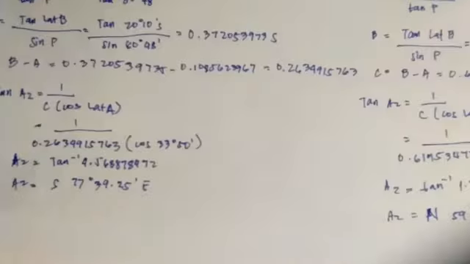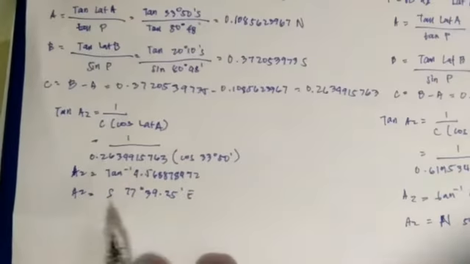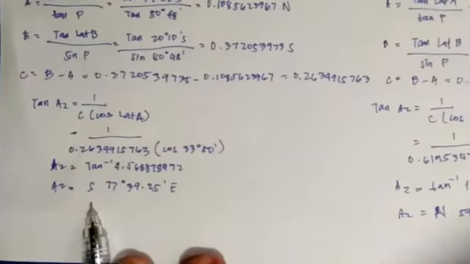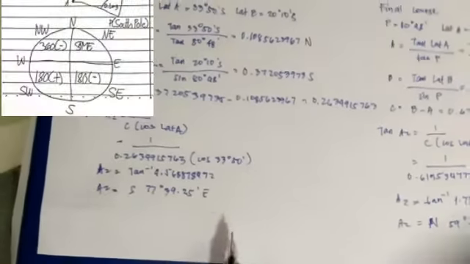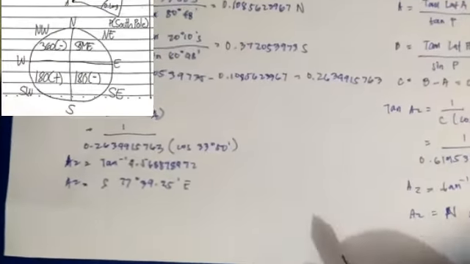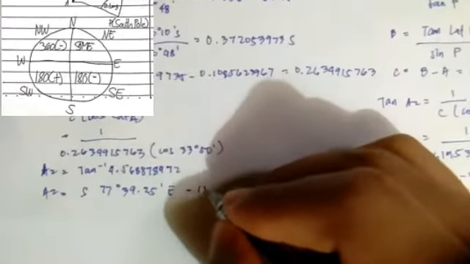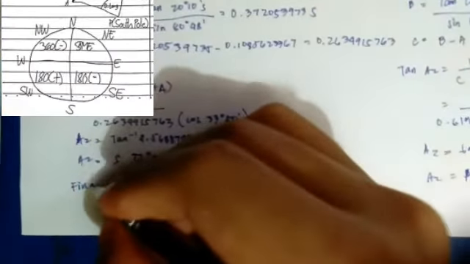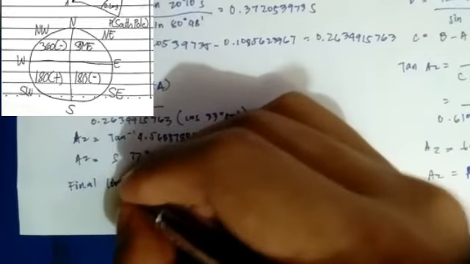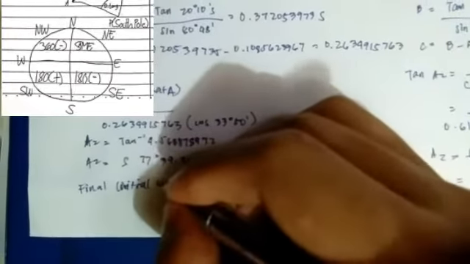Here, since our initial course has the name of southeast, we will use in the notes that we subtract 180 to get the final initial course, or shall we say the true course.